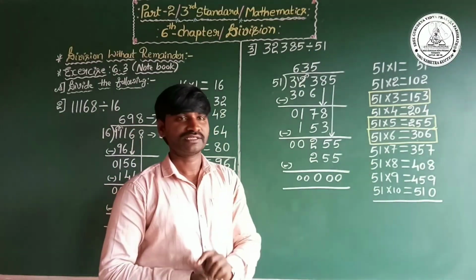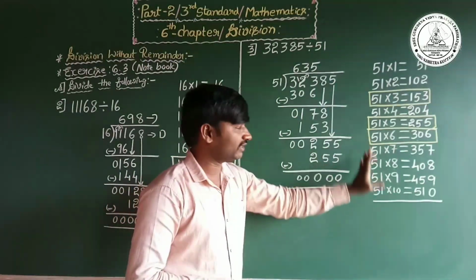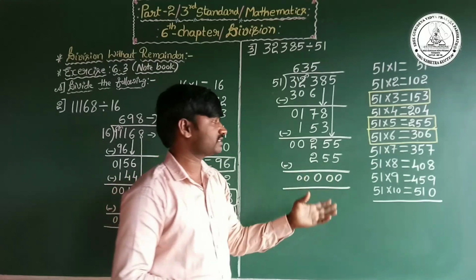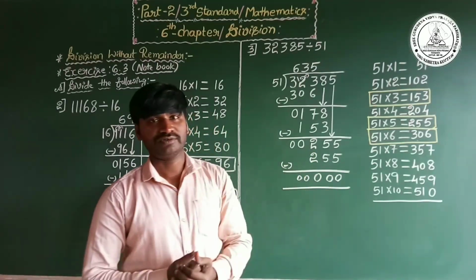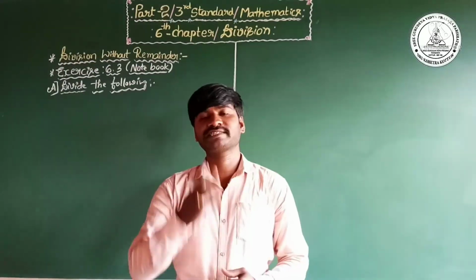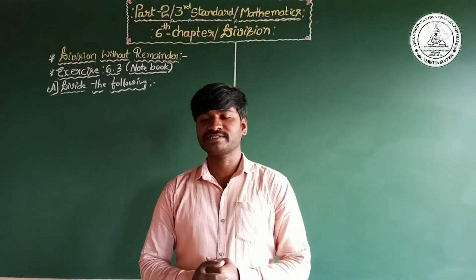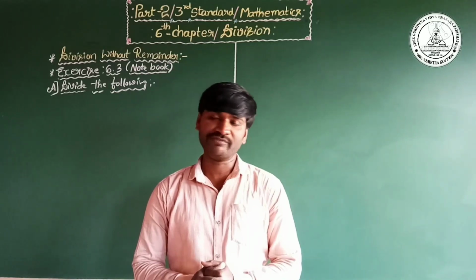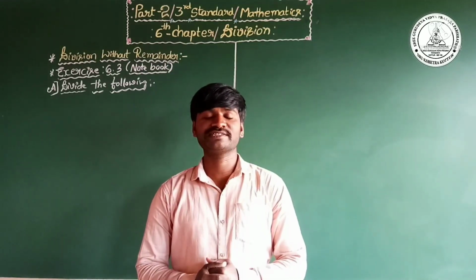Yes, dear student, so you first write the tables of the given divisor number, so that it is easy for you to divide the questions. Okay, dear student, in the next class we will discuss exercise 6.3 B, divide and verify your answer. Okay, dear student, thank you.